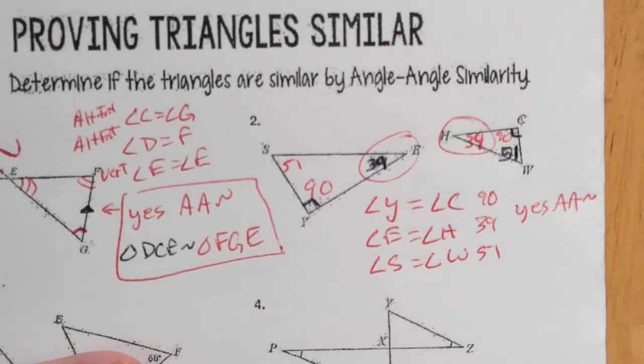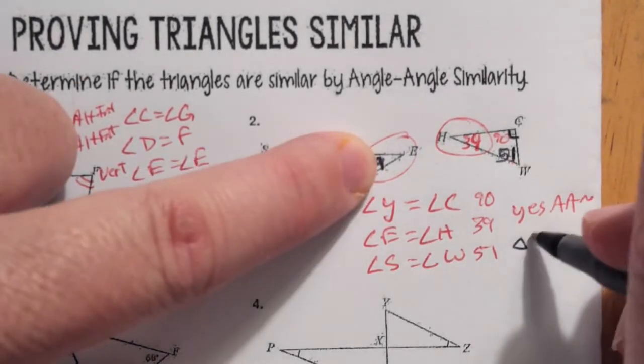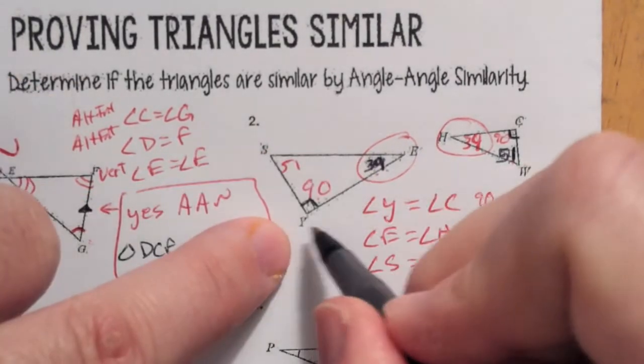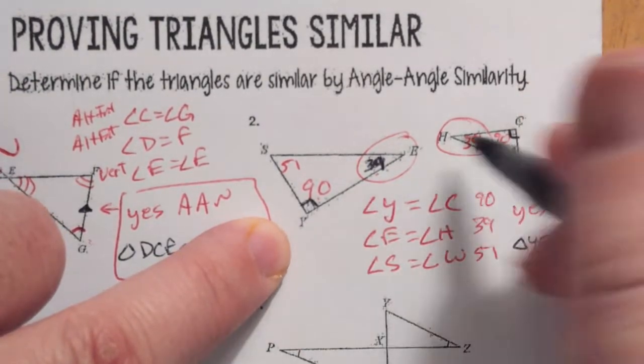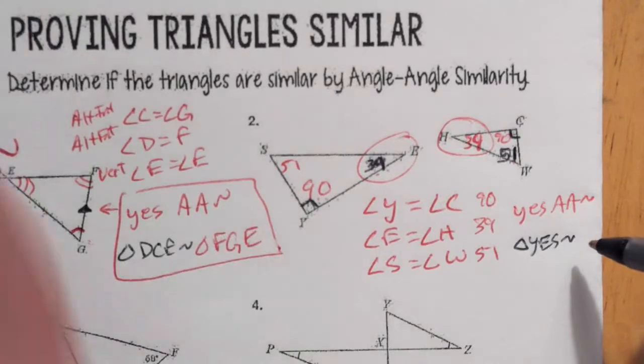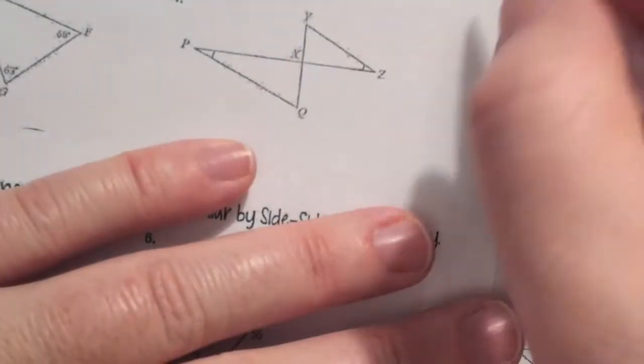And what if I said triangle YSE? Or let's do YES, because yes. So if I said YES, will that be similar to, not equal, similar? That would be similar to triangle.